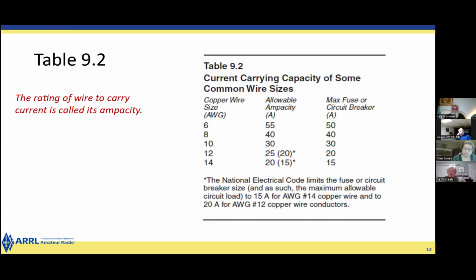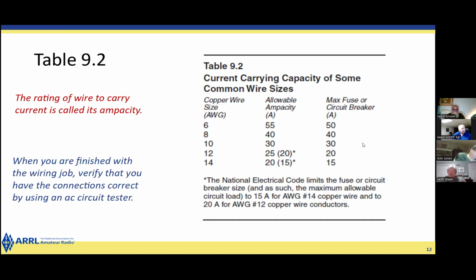And so the maximum fuse or circuit breaker would be 20 amps, and 14 would be 15 amps. And those are typically what you might be using in your home.